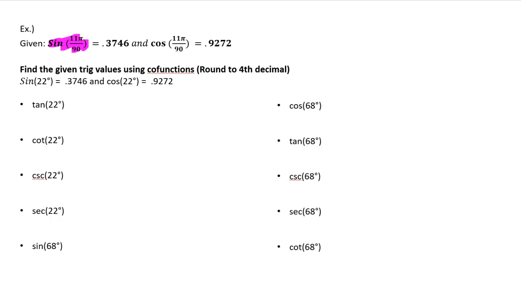It's not like square root of 2 over 2 or anything like that. That's going to be nice for us to work with. But they will give you all of these values. And we want to know, what can we do to help us solve using cofunction values? So this part at the bottom right here, and I kind of cheated a little bit and went ahead and wrote this down.